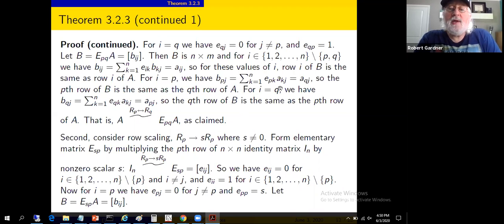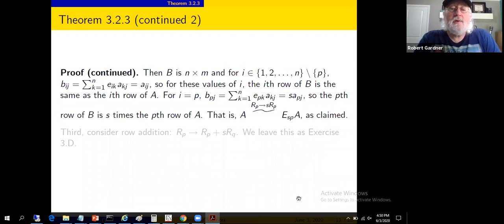Let's go through and take that matrix product, and here's what happens. So in the matrix product, then if we stay away from P, we'll get this kind of behavior. The entries of the elementary matrix times the entries of the A matrix. Okay, bunch of zeros here.